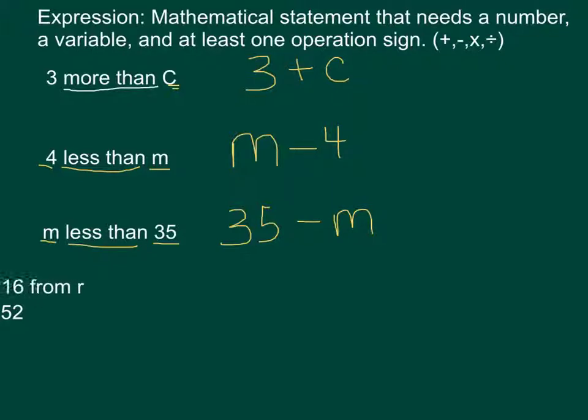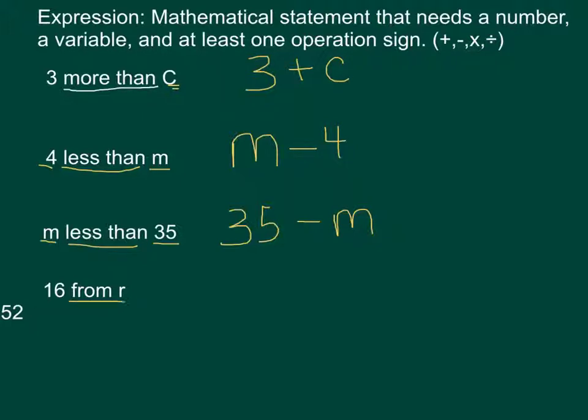Right, how about this one? 16 from R. I'll give you a hint, this is also a subtraction problem. But how much do you start off with? Do you start off with 16? Or do you start off with R? How much would you have, if this were talking about cookies, how many cookies would be in the cookie jar? 16 or some unknown amount?